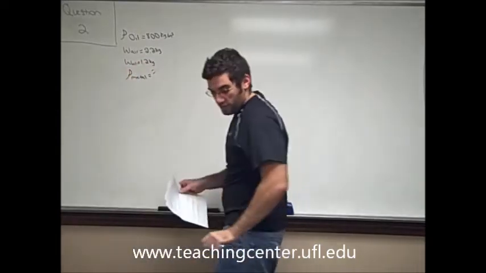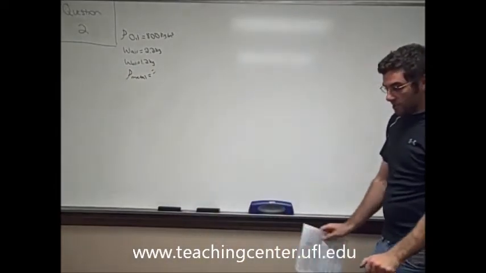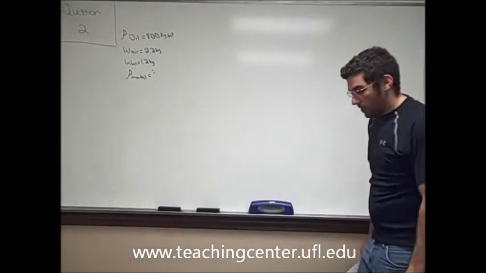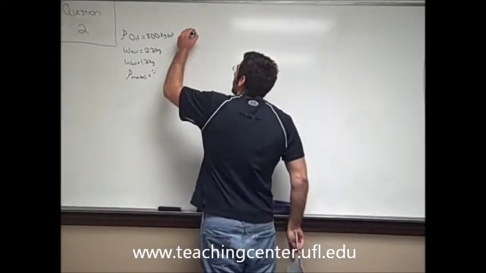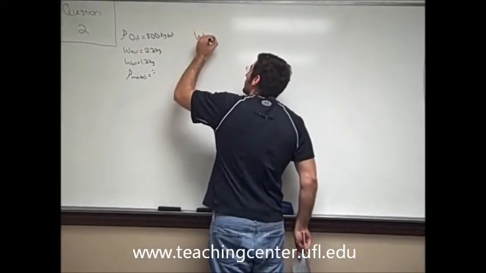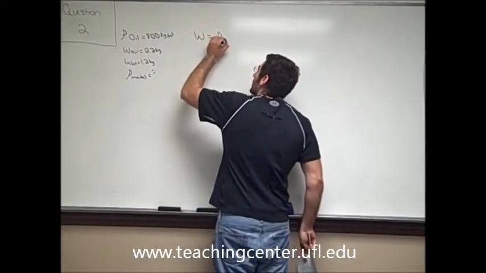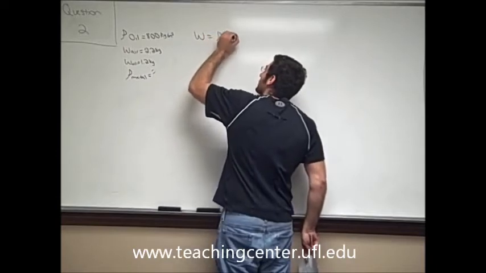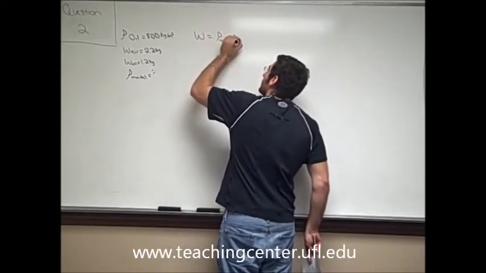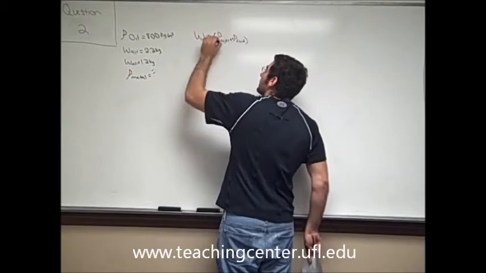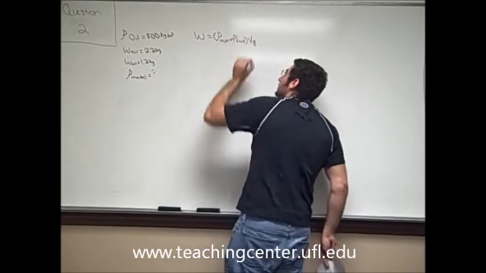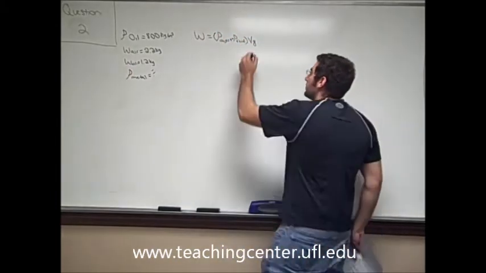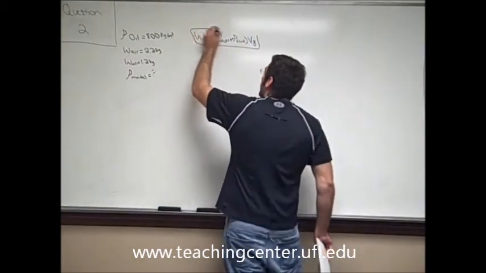So the first thing we need to do when we look at this question is know what's called the apparent weight formula. And the apparent weight formula is the weight is equal to the density of the object minus the density of the fluid times the volume times gravity. So this is the most important equation you need to know.